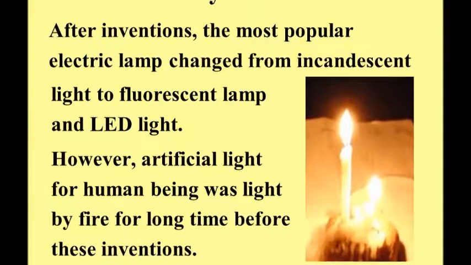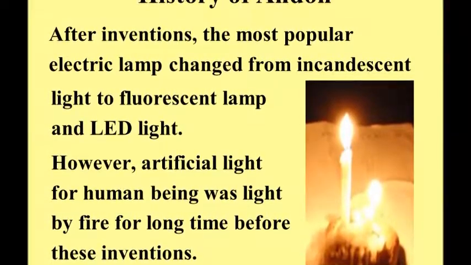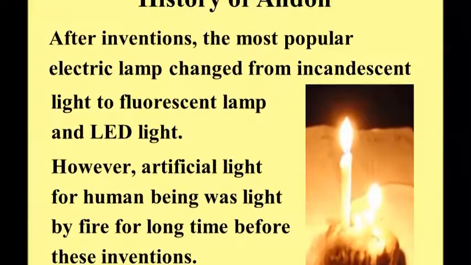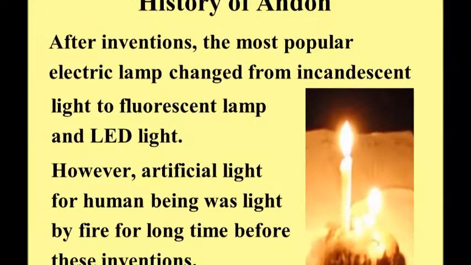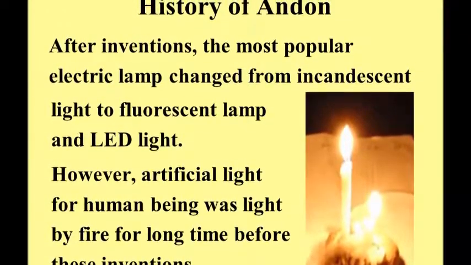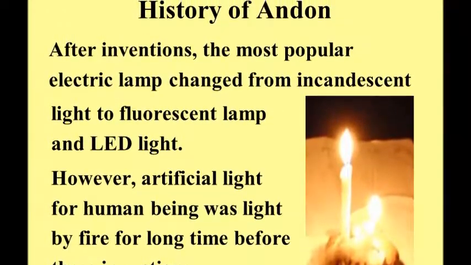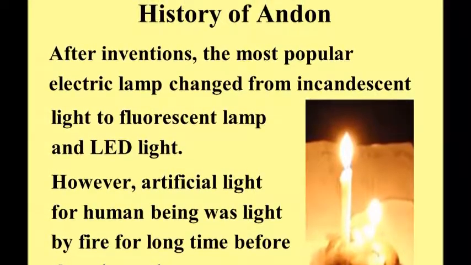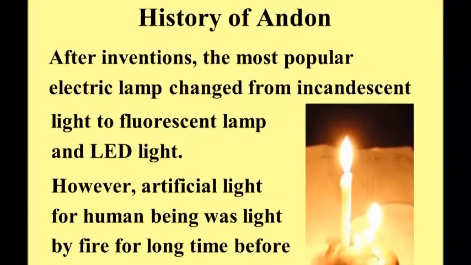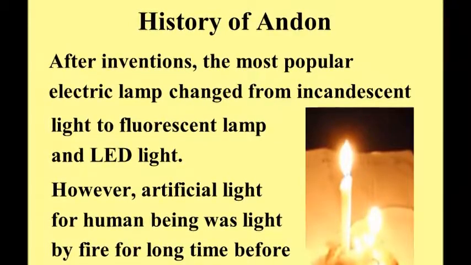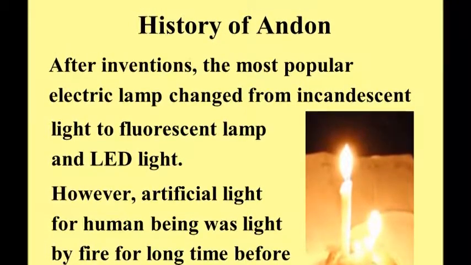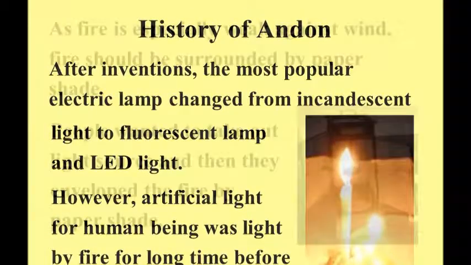After these inventions, the most popular electric lamp changed from the incandescent lamp to the fluorescent lamp and LED lamp. However, artificial light for human beings was light by fire for a long time before these inventions.